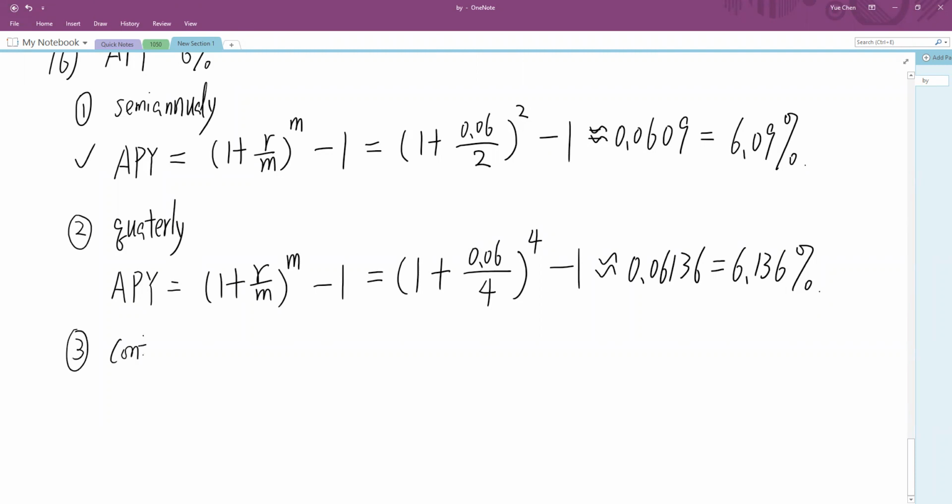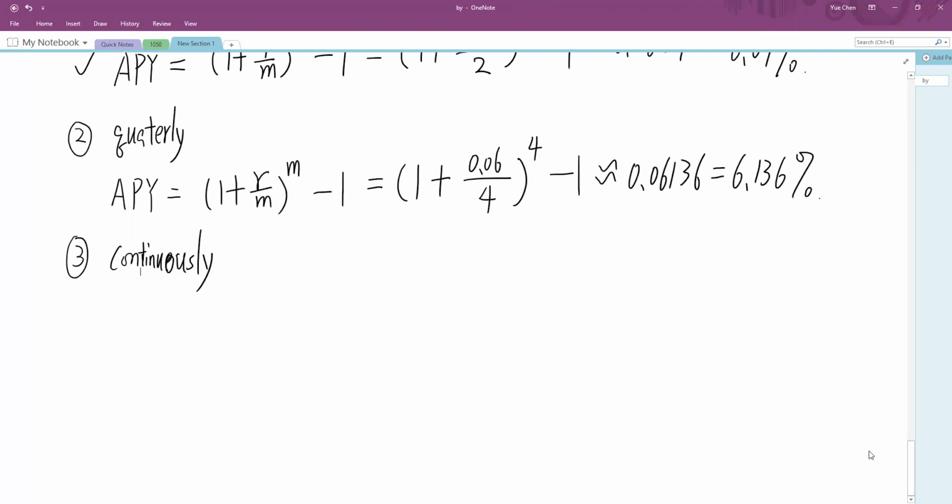Compounded continuously. So we needed to use the APY for the continuous compound interest. So do you remember that formula? That formula is APY is equal to e to the r minus 1. It's a very easy formula, right? You also needed to memorize this formula.